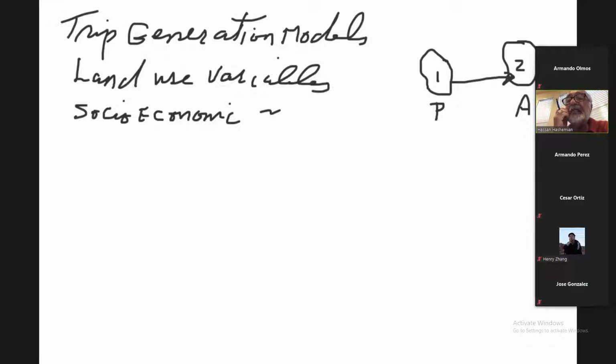So based on those variables, we can estimate how many trips are produced, how many trips are attracted in each zone. One of the models that we are using is called cross-classification model.